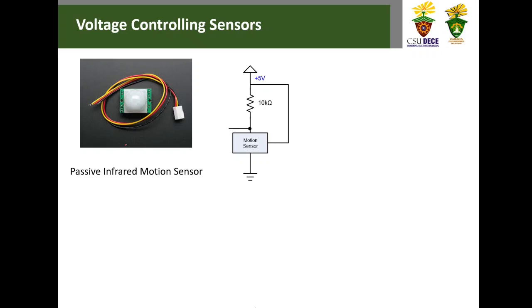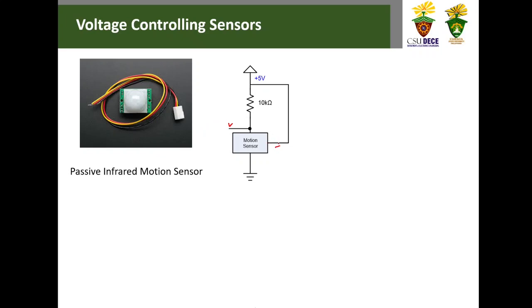Otherwise, with a voltage controlling sensor, it is not the resistance that changes when its environment changes. One example of a voltage controlling sensor is the passive infrared motion sensor, or the PIR sensor. This PIR sensor has 3 terminals. The top one is connected directly to our microcontroller, same as the resistive sensor.